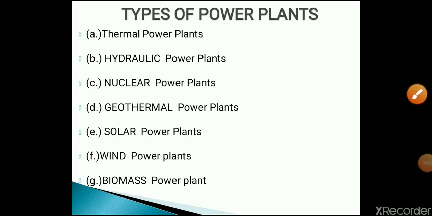Different types of power plants are listed here, that is thermal power plants, hydroelectric power plant, nuclear power plant, geothermal power plant, solar power plant, wind power plant, and biomass power plant. India is mainly dependent on thermal power plants for electricity, but we are also using other power plants to meet our demand of electricity.